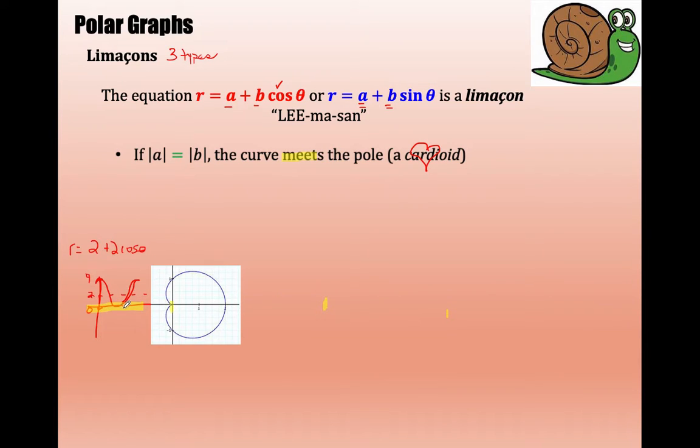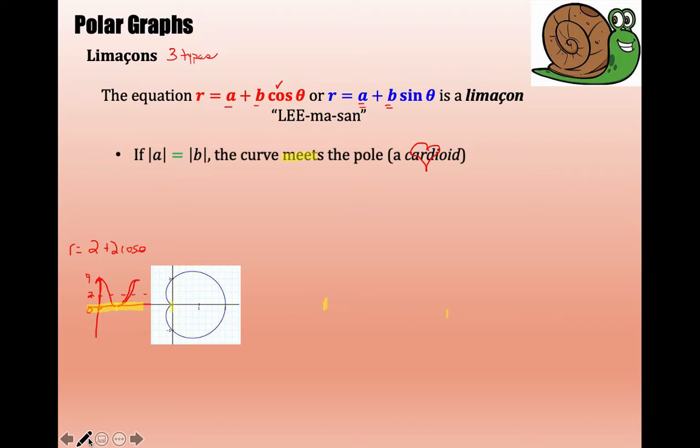That is because this graph, y equals 2 plus 2 cosine theta, hits the x-axis and bounces. That's called a cardioid graph, and this is a cardioid cosine graph.